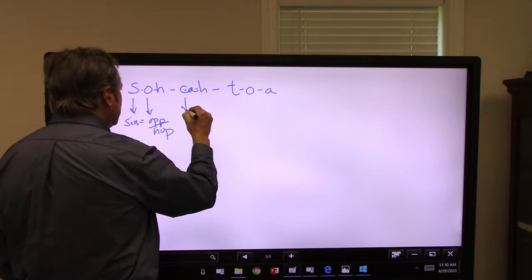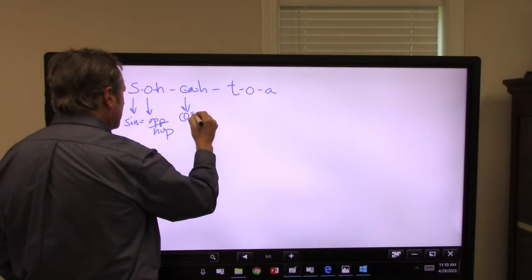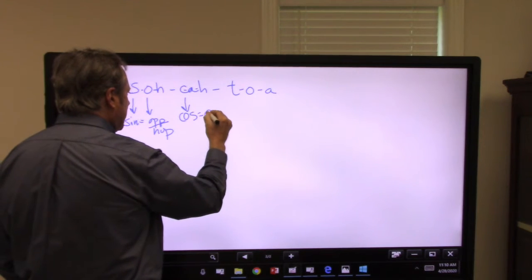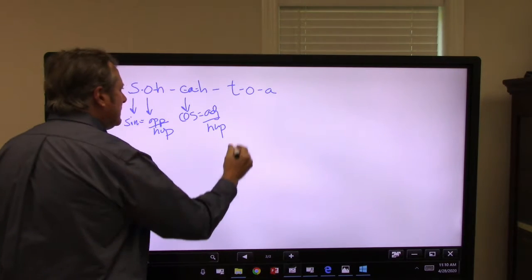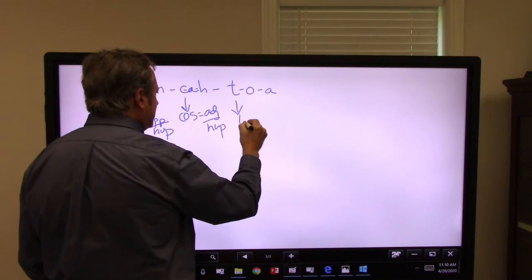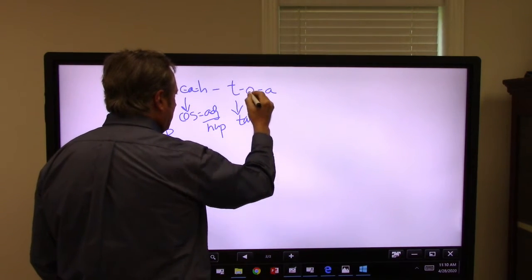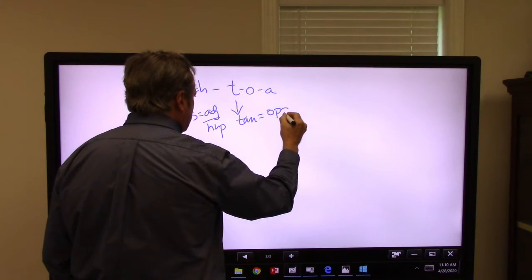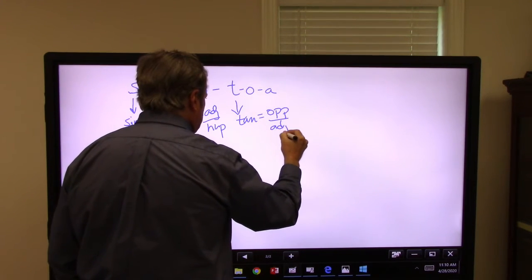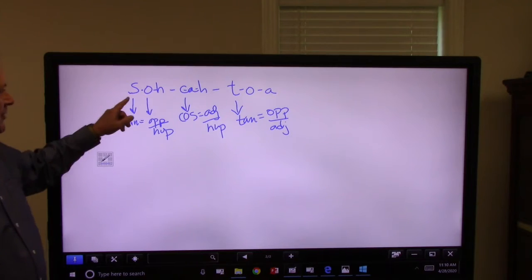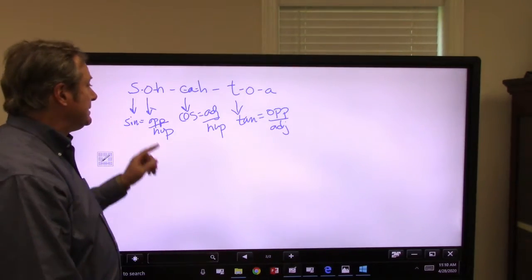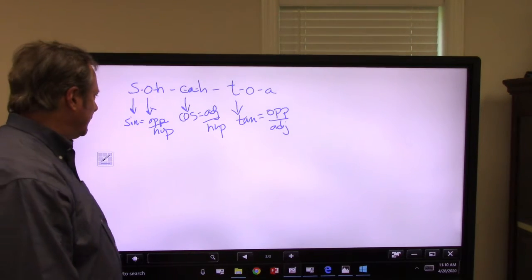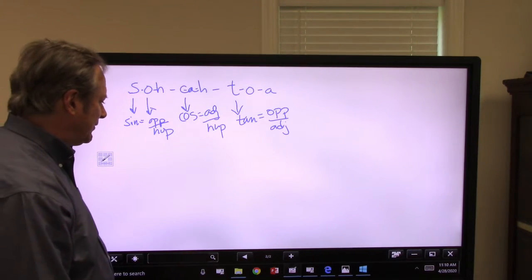CAH is cosine is equal to adjacent over hypotenuse. And tangent is opposite over adjacent. So if you can remember SOH CAH TOA, you can remember these relationships, and you do have to memorize them.